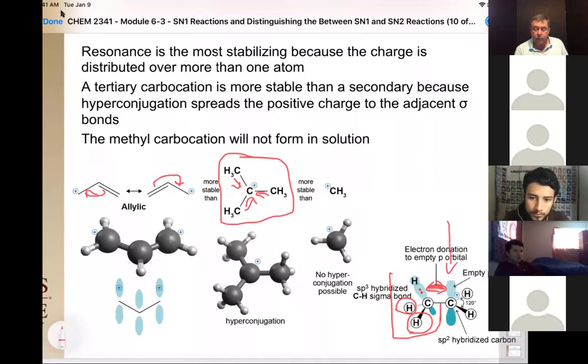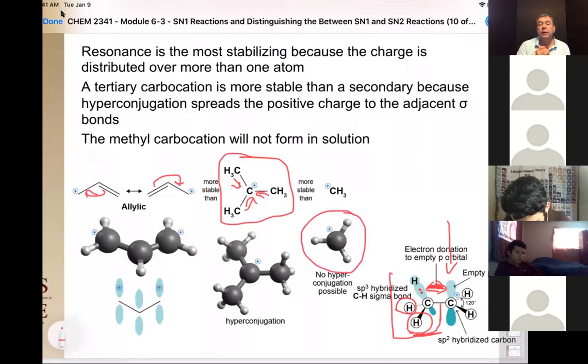So if you only have one hydrogen stabilizing it, that's why your monosubstituted is more stable than your methyl cation, because the methyl cation has no hyperconjugation and nowhere to pull in extra electron density. In the case of your tertiary here, it can hyperconjugate with one of the hydrogens here, with one of the hydrogens here, and with one here, making it the most stable of the system.